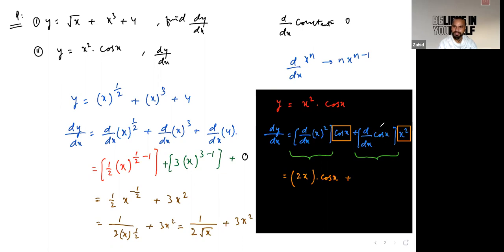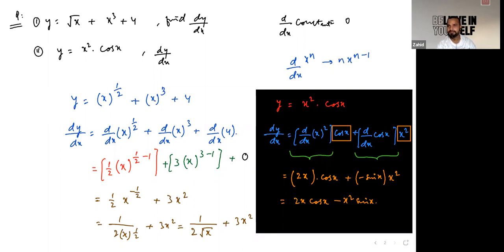Plus differentiation of cos x would be minus sin x. Good. And keep this part as it is. So your final answer would be 2x times cos x minus x squared times sin x. Is it clear? Yes, sir.